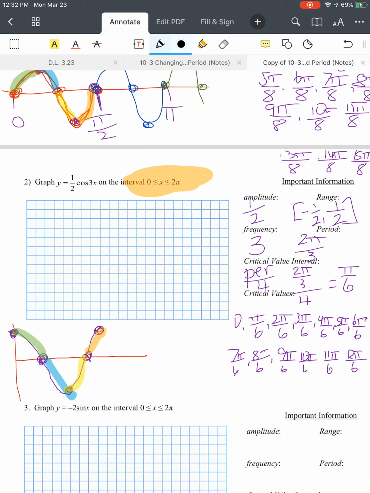So I only need to go up to a half. So I don't know. You could kind of set up your scale however you want. Maybe I'll do 4 boxes for 1. That way I can actually do 2 boxes for a half.